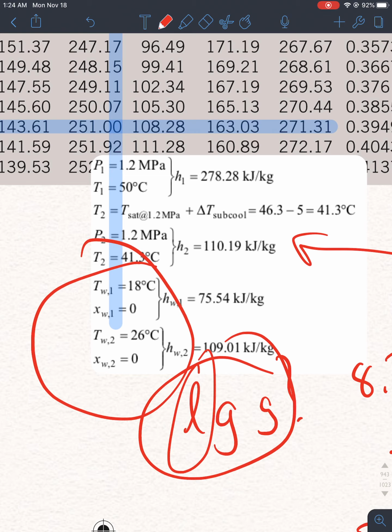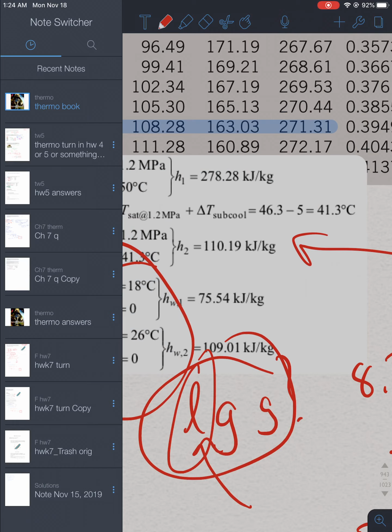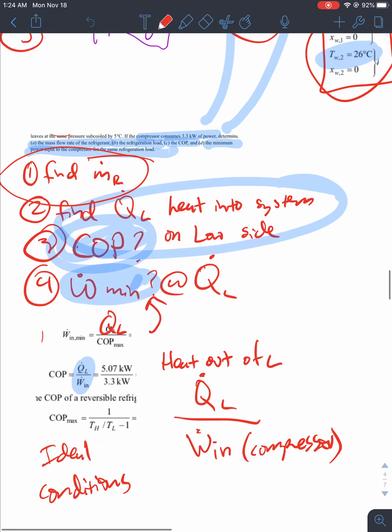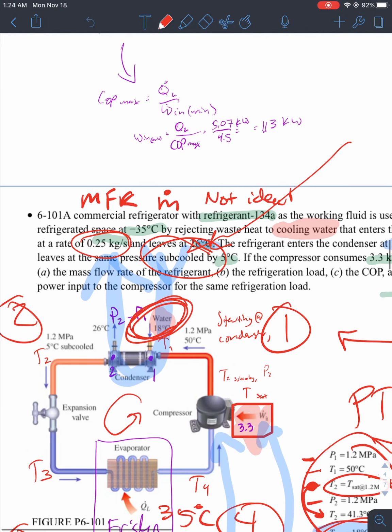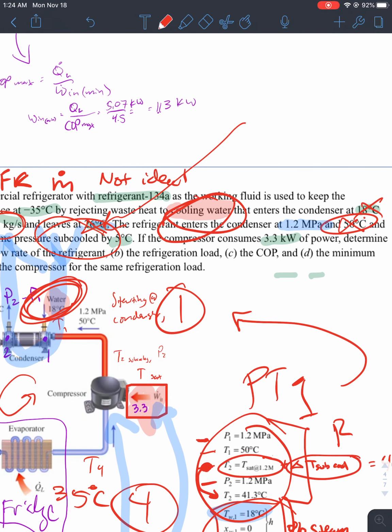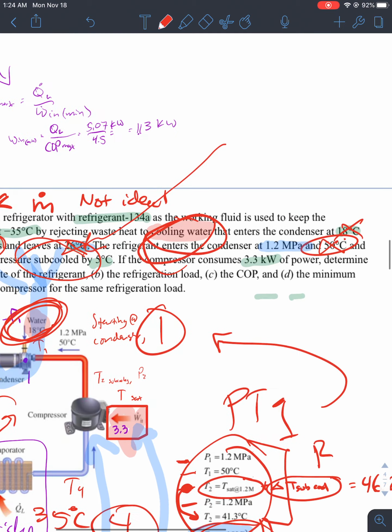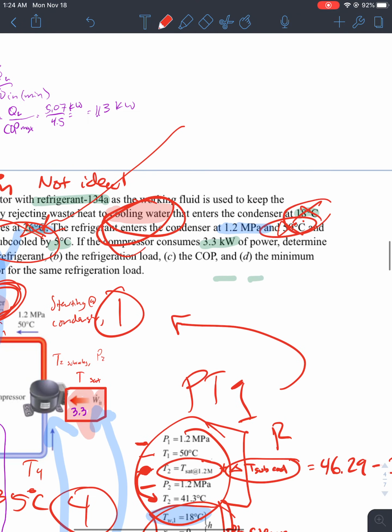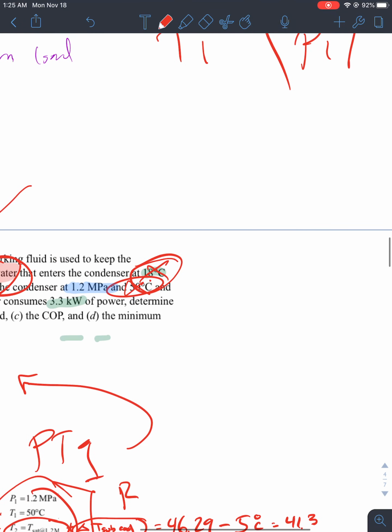I am pretty sure it's in the liquid phase, because there's maximum thermal transfer in liquid phase. And I think that's what it says over here. Cooling water here at 18 degrees Celsius. And, you know, water boils at 100 and it freezes at 0.